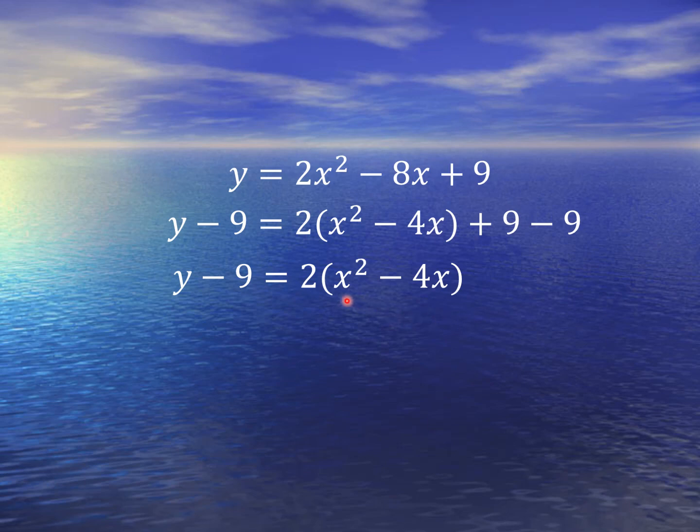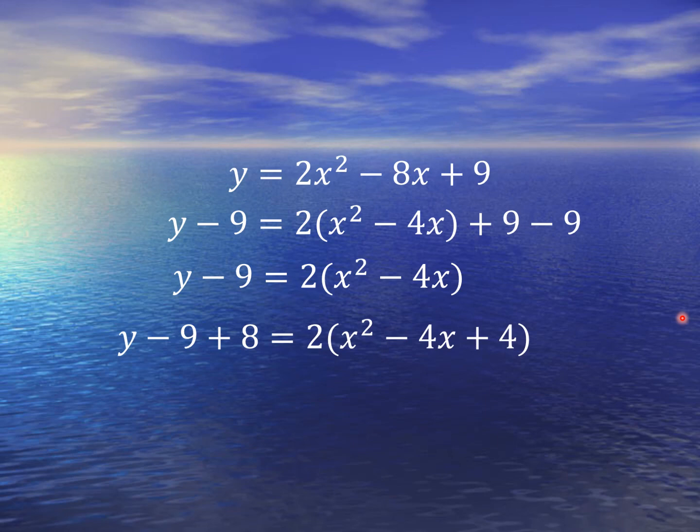From here, we are going to complete the squares. So it is equal to x squared minus 4x plus 4. Why did I add 8 in here? Because we added 8 in here. So 2 times 4 is 8. Whatever you do to the right side, you do it to the left side of the equation to make it balance.